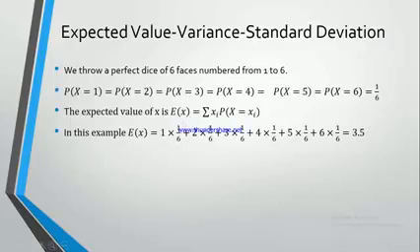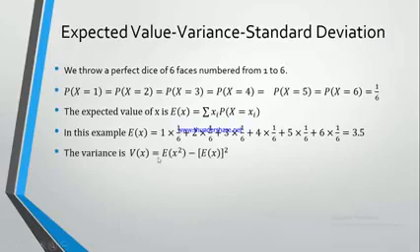So the expected value of the face that we will see is 3.5. But we know that 3.5 does not exist on the dice, and we know that this is the expected value that we will have, or the mean of x's.